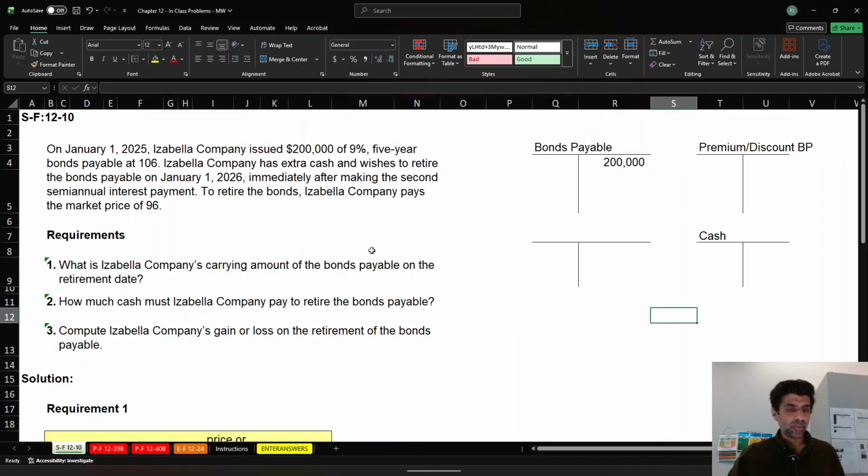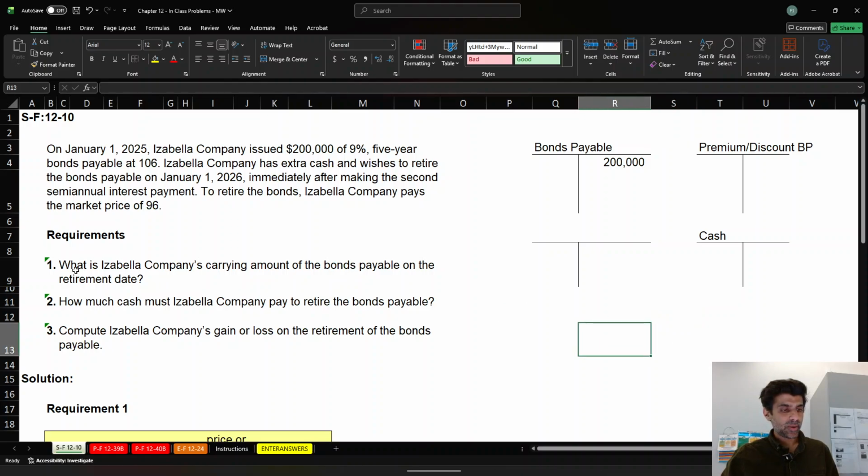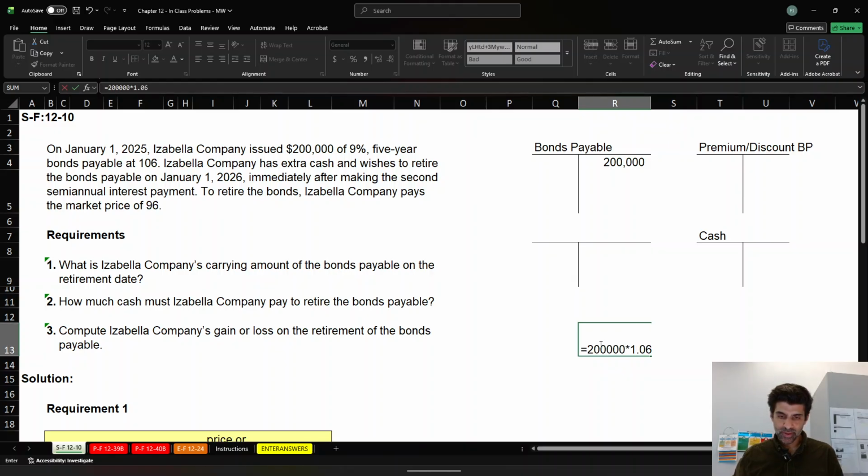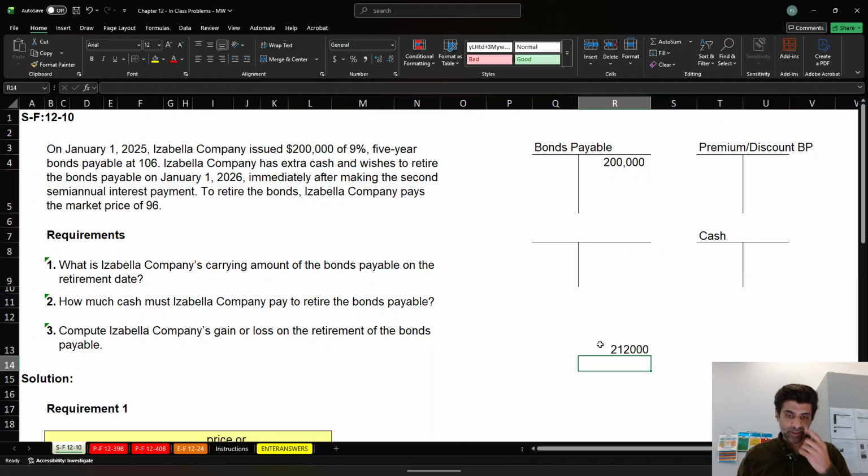Okay. All right. So hopefully you're catching on to this. What is Isabella Company's carrying amount of the bonds payable on the retirement date? Well, first we have to figure out what happened when we issued the bond. We issued it at 106. So 200,000 times 1.06 means that we collected $212,000 of cash. So we issued at a premium.